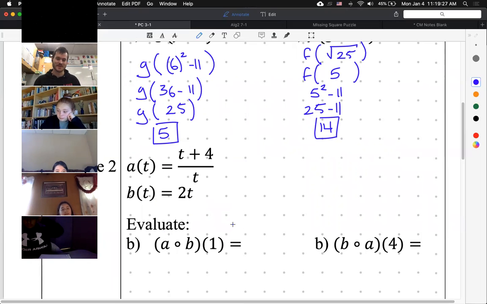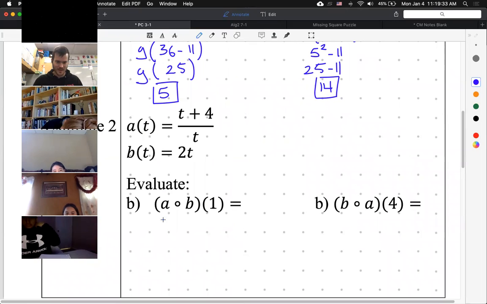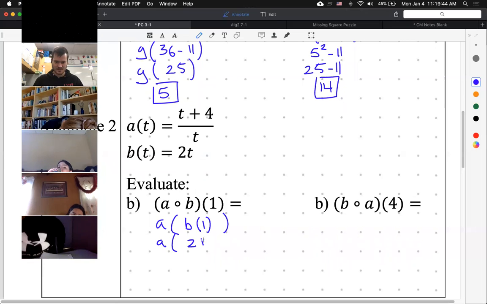Yeah. It is B. But if you could raise your hand next time, I'd really appreciate it. It does go into B. So what happens when you do that? I now have A of B of 1. I'm plugging into B first. So A of plugging into B is 2 times 1, which is just 2.